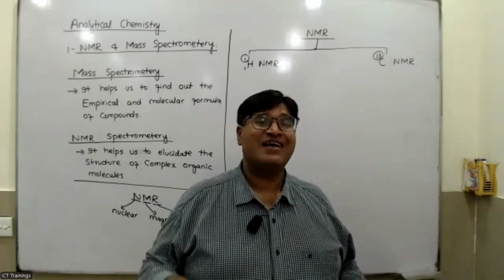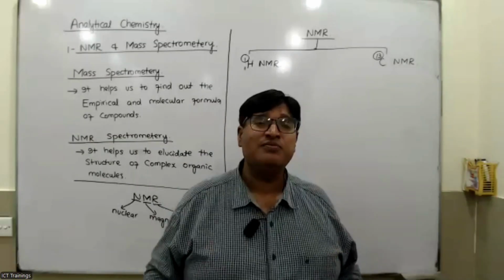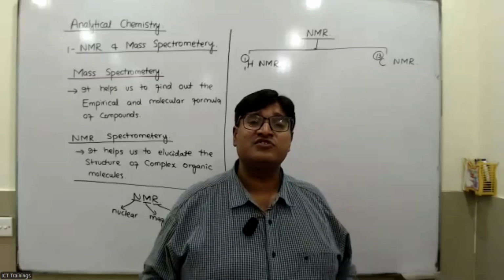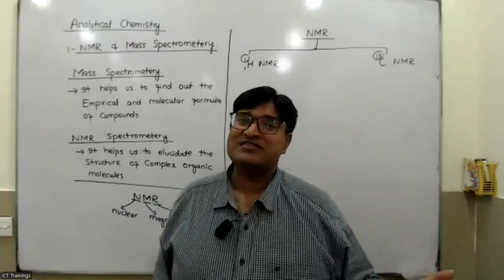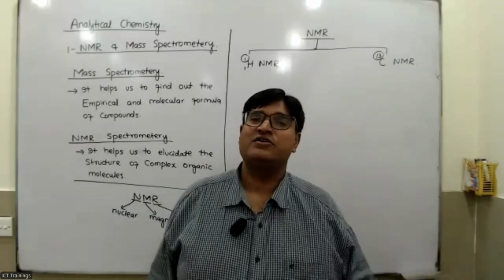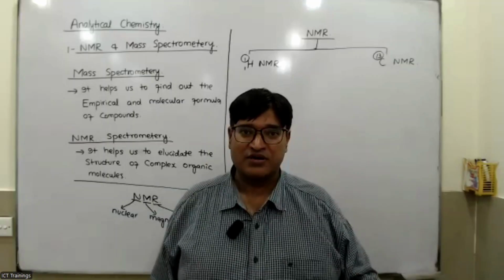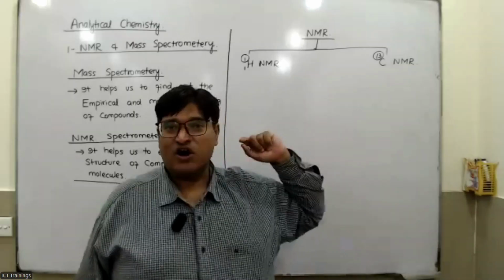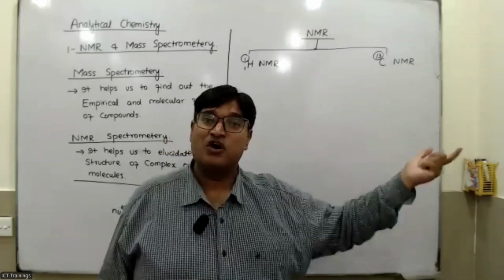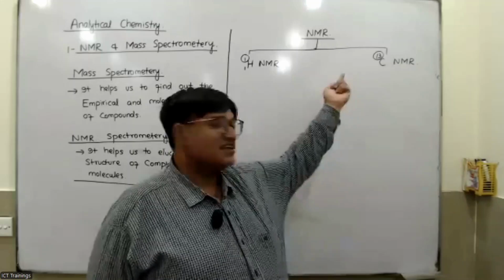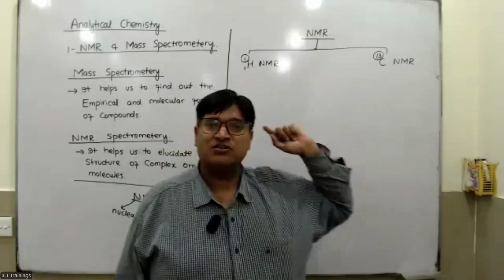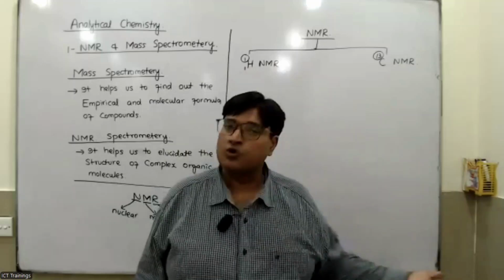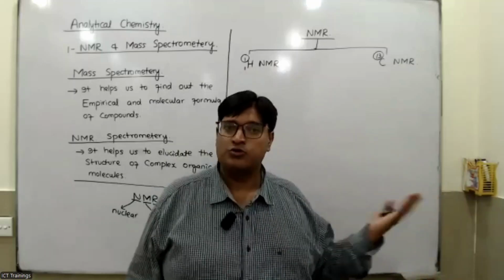NMR spectrometry could only be used for those elements which have an odd number of nucleons in their nucleus, the number of protons and neutrons. So carbon 13 has an odd number of nucleons, 6 protons and 7 neutrons. Whereas hydrogen has only 1 proton and no neutron, so it is also an odd number.